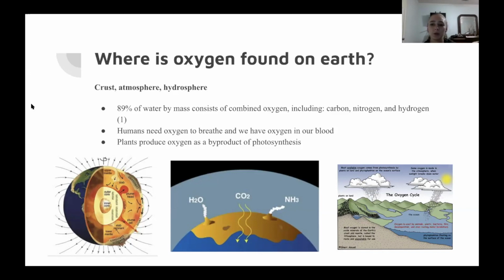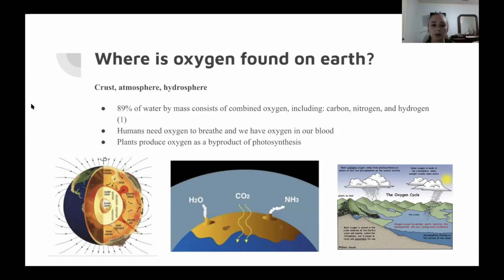And then with the process of respiration, we take in oxygen and we produce carbon dioxide as a byproduct, whereas plants produce oxygen as a byproduct of photosynthesis.